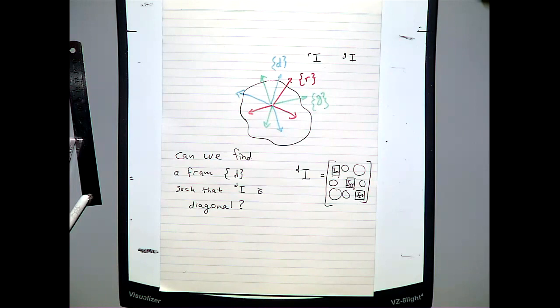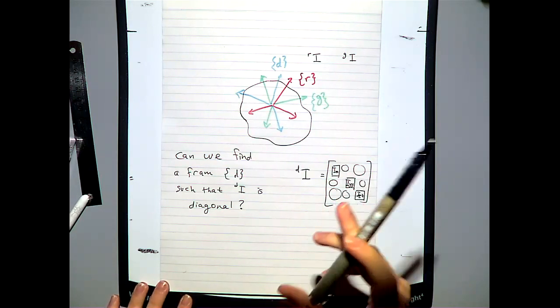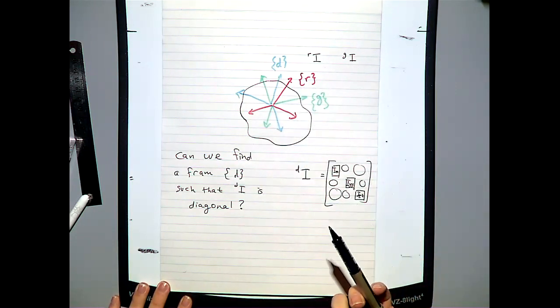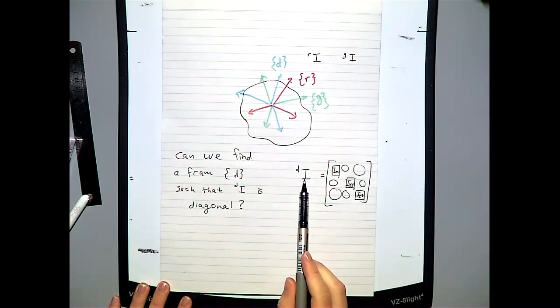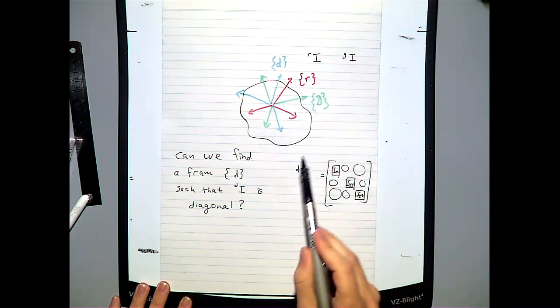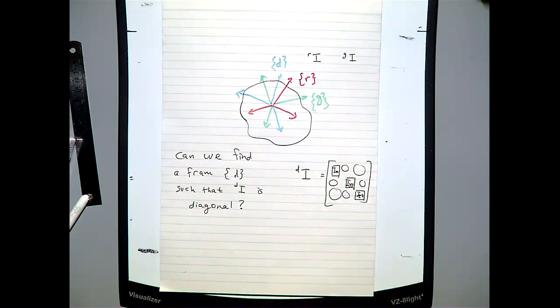Okay, so the answer is yes, we can. I will explain why soon. Given any kind of guess frame, R, let's say, we will be able to find this frame D in which I is diagonal. And we will, of course, be able to find this I as well, because now we learned how to transition from one frame to the other.